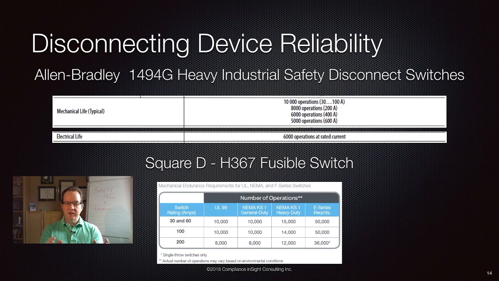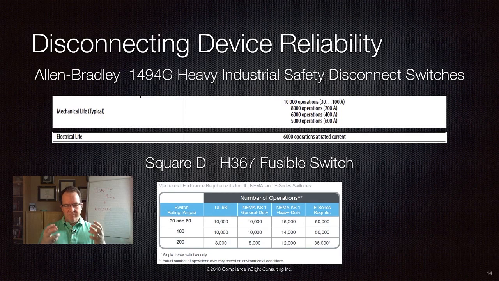And I've heard some really knowledgeable people say that safety PLCs have direct control over the power contactors, they've got diagnostics, they've got all that good stuff built in, and so they're absolutely as safe as using an industrial disconnect of some kind.